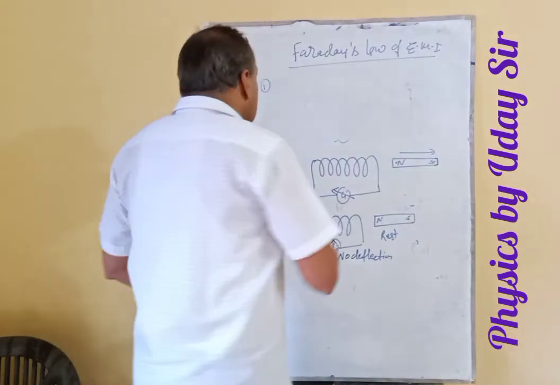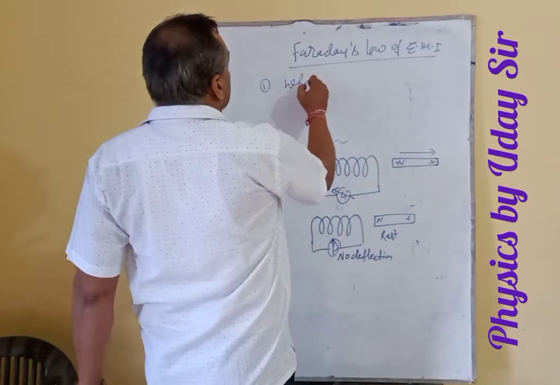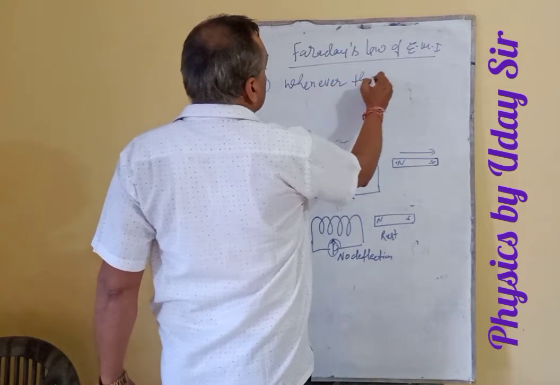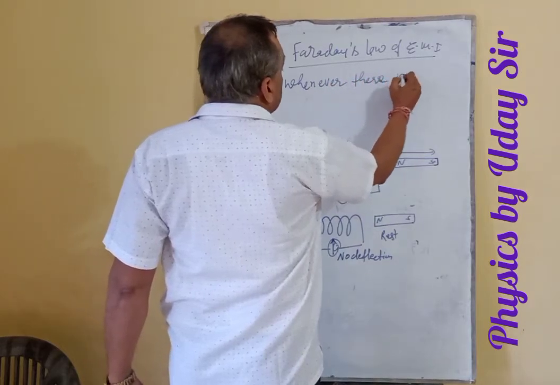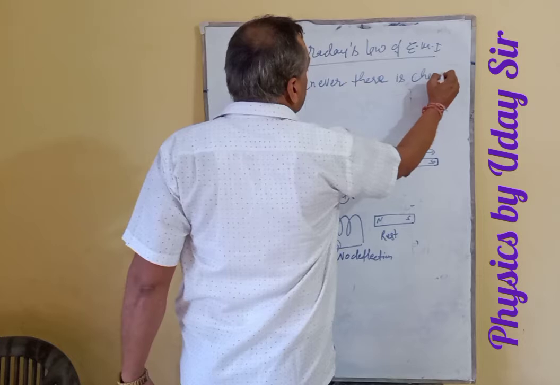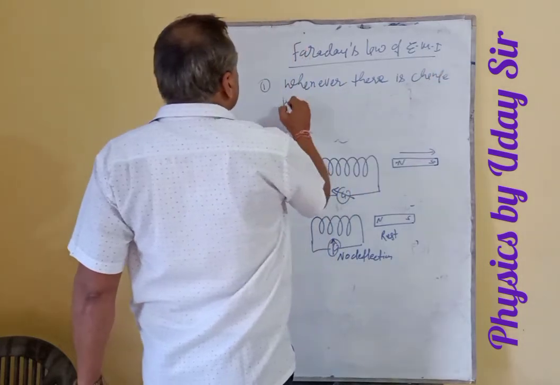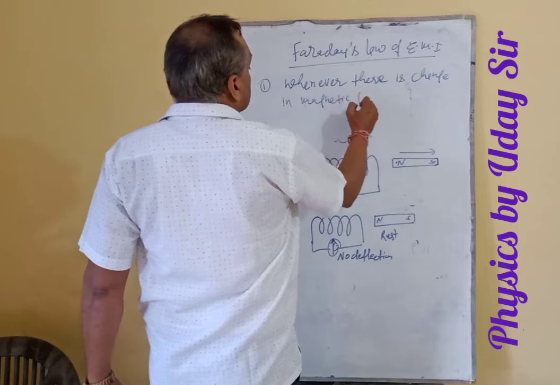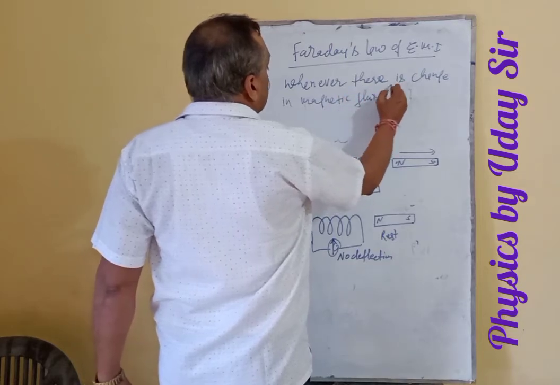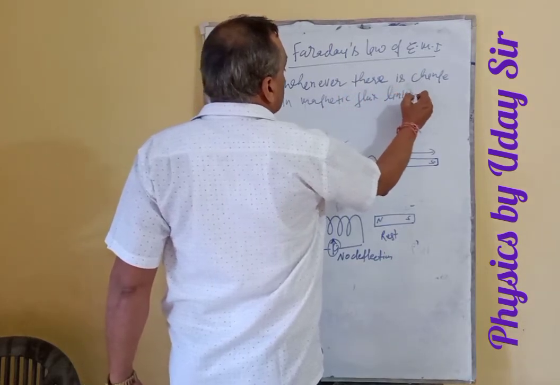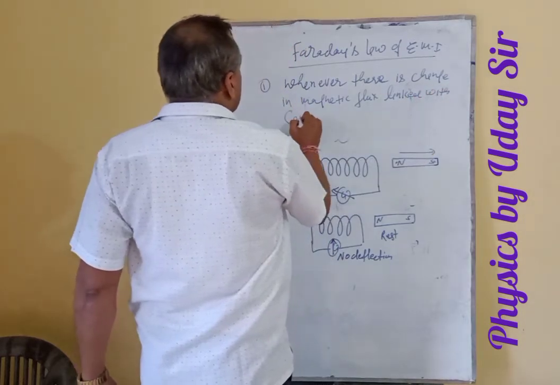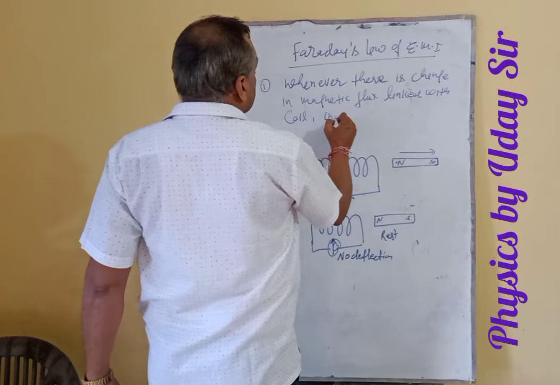So that is called: whenever there is change in magnetic flux linked with a coil or conductor, the coil induces current.